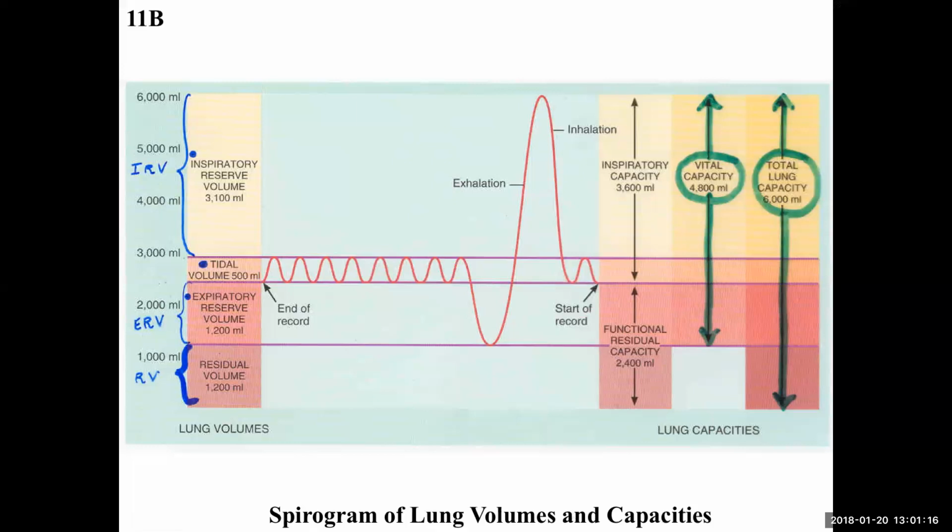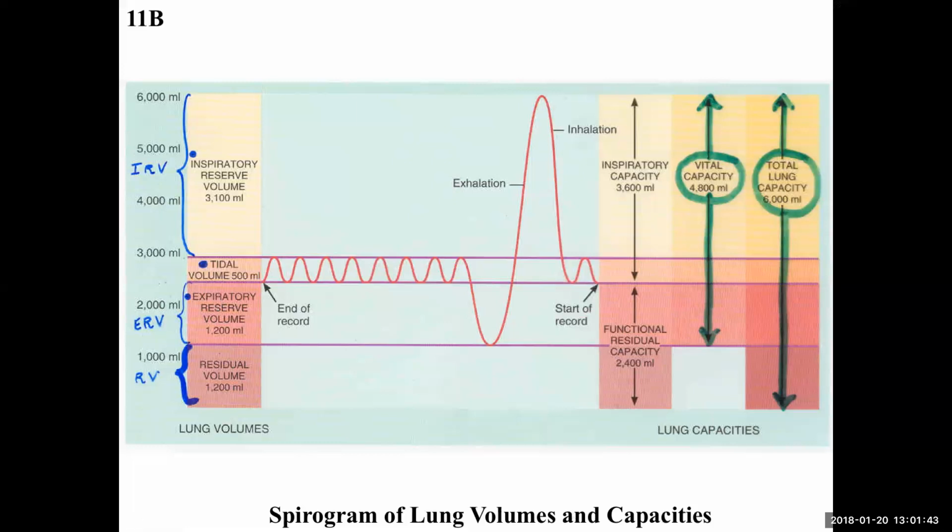The residual volume is the amount of air that always remains in the passageways and the alveoli. This air cannot be expelled even after forced exhalation. You can see that the amount for the residual volume is about 1.2 liters, or 1,200 milliliters.